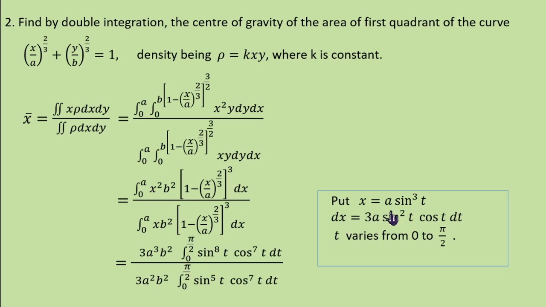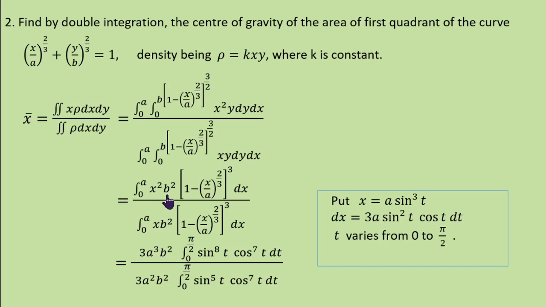X square is a square sin power 6t into b square, and this term, that is 1 minus sin square whole power 3. 1 minus sin square is cos square t, power 3 is cos power 6t, into 3a sin square t cos t dt, that is dx in the numerator.